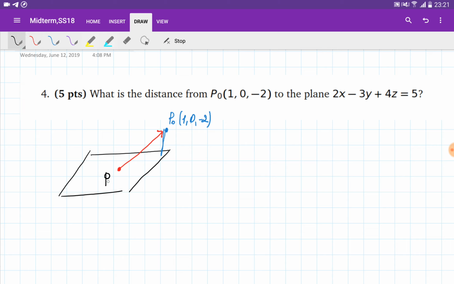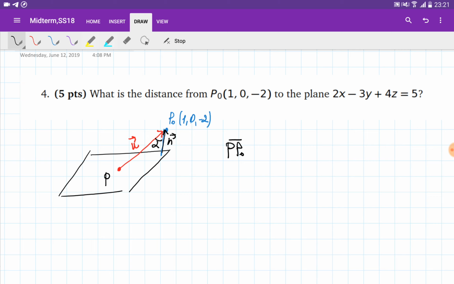is going to be the p0 vector, and I know how to find this angle, right? So alpha. So this is going to be the same angle as between this vector, the red vector, and the normal of this plane, right? So if you're given the vector u, and if you're given the normal vector n, we can find this angle.